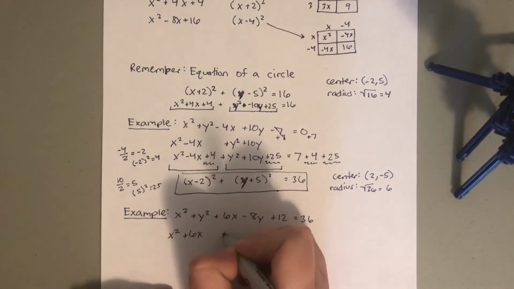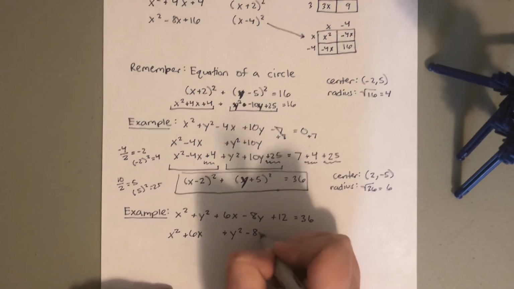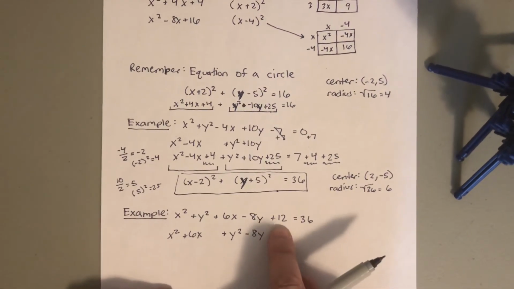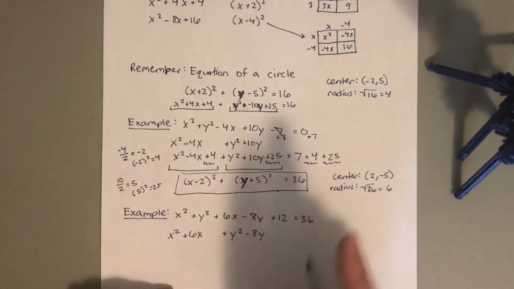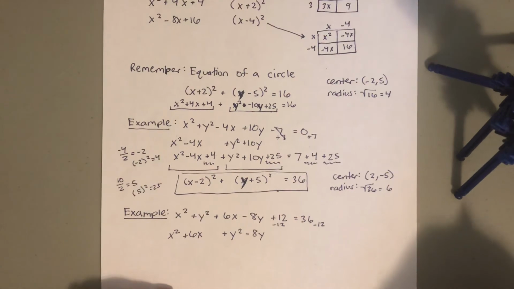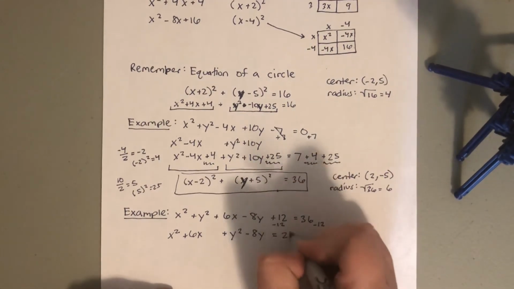And then we're going to have our little y area here. So y squared minus 8y. We don't need the 12 because that doesn't fit into either of these, so we're just going to move that to the other side by subtracting it on both sides. So when we do that, 36 minus 12 gives us 24.